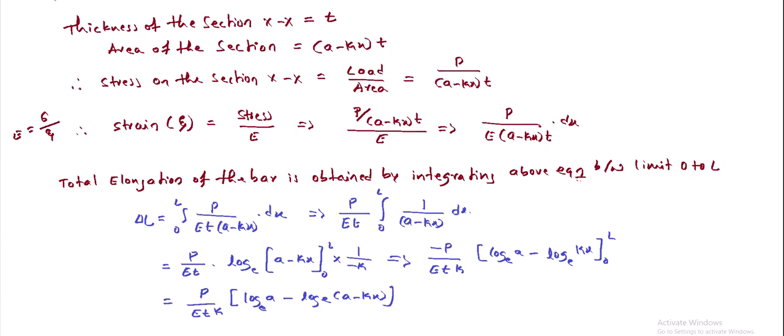I will erase this part just to eliminate confusion. So now this is the equation. From the above equation, I will rewrite or rearrange the terms after substituting from 0 to L.